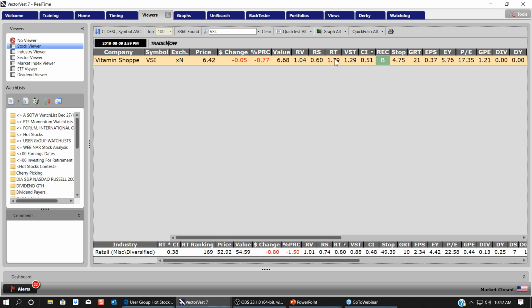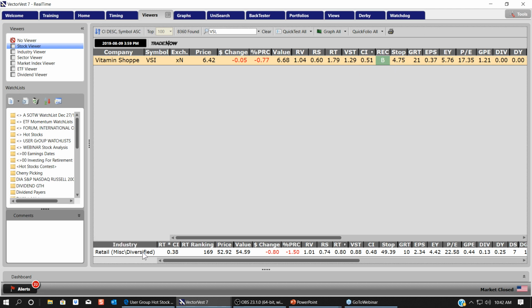Relative timing, though, definitely, people are buying this stock. Institutions are buying, 1.79 with our technical indicator. These three are on that 0 to 2 scale, and then the composite value safety timing, with more weighting on the RT, is 1.29. Very low comfort index as well, so maybe it hasn't been in the database that long.